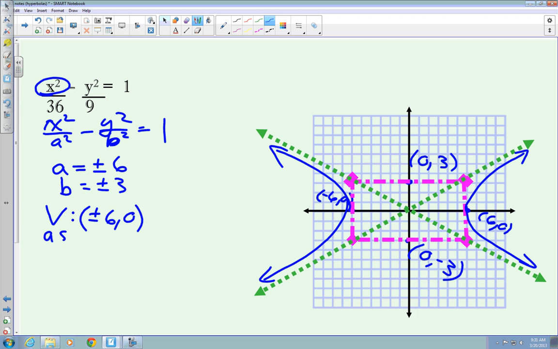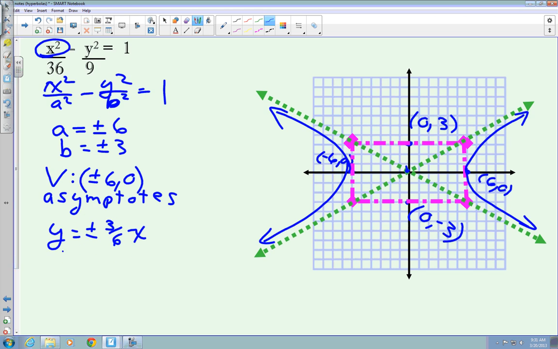Our asymptotes, okay, y equals, now in this one, I always like to go back to the graph to figure this, because otherwise I can't remember, is it a over b or b over a? But if you look at your graph, it's easy, because you start at 0, 0, you go up 3 over 6. So it's going to be plus or minus 3 over 6 x, but we'll simplify that and get y equals plus or minus 1/2 x for my asymptotes.